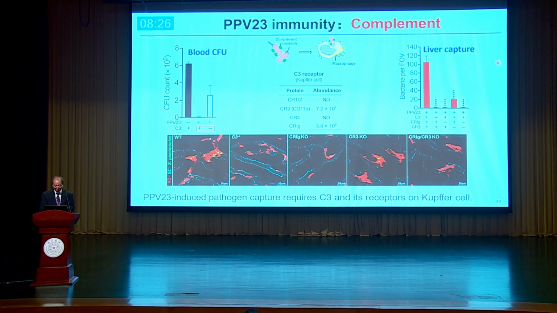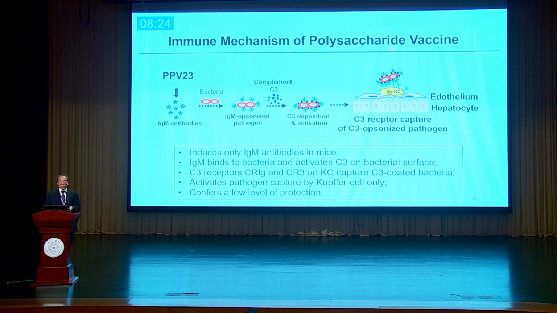So therefore, only polysaccharide will induce, in mice, and at least this is mostly true in humans also, produce IgM antibody. The IgM antibody does not have a receptor, at least in mice, it does not have an Fc receptor.